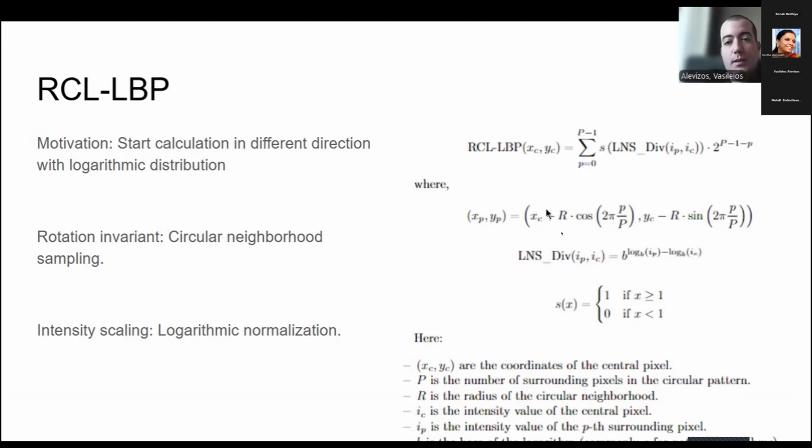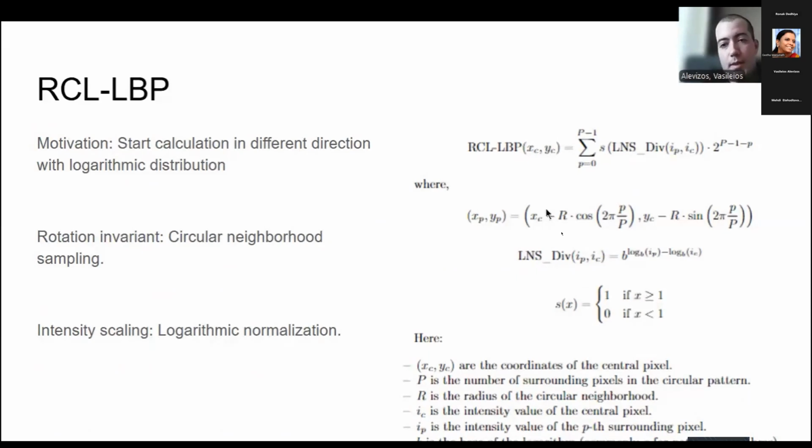First, the RCL-LBP starts by calculating in the reverse direction with a logarithmic distribution. This approach allows a more comprehensive capture of textural variations, and we employ circular neighborhood sampling to achieve rotation invariance. By sampling these pixels in circular patterns around the central pixel, the RCL-LBP works with textures that appear identical but are rotated, giving the same LBP values.